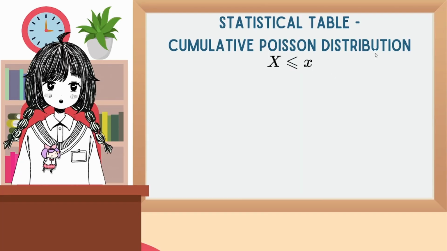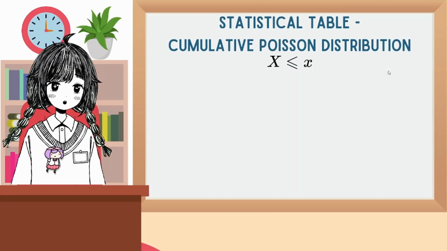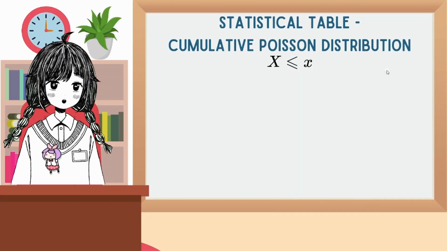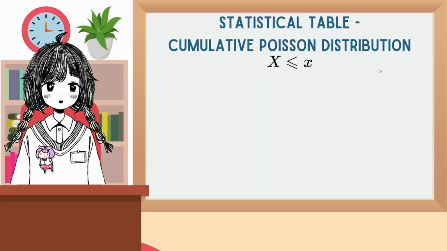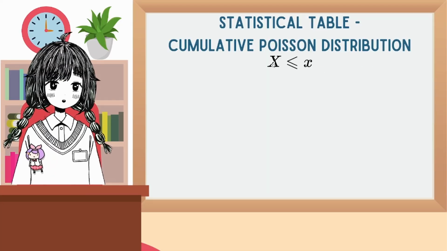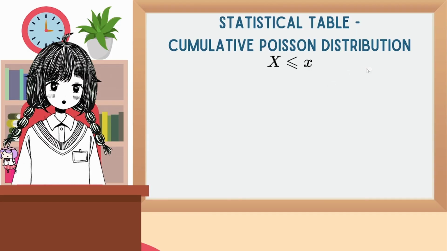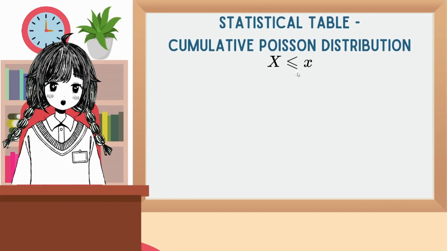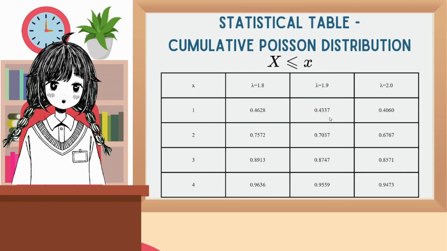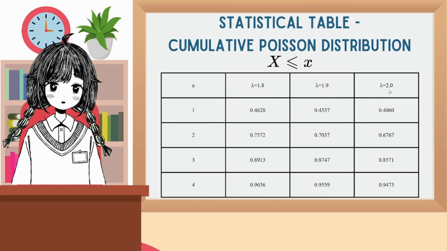So this is the stat table for Poisson distribution that will be used throughout our examples and exercises. This is the cumulative Poisson probability. The table is based on X less than or equal to x. This is just some of the numbers from the table.